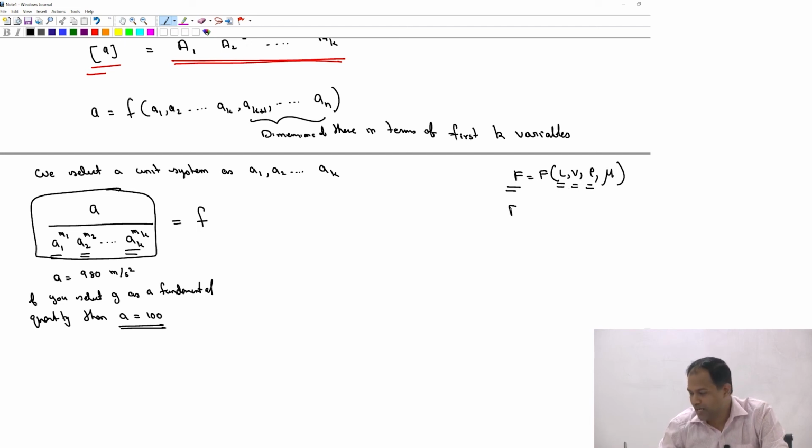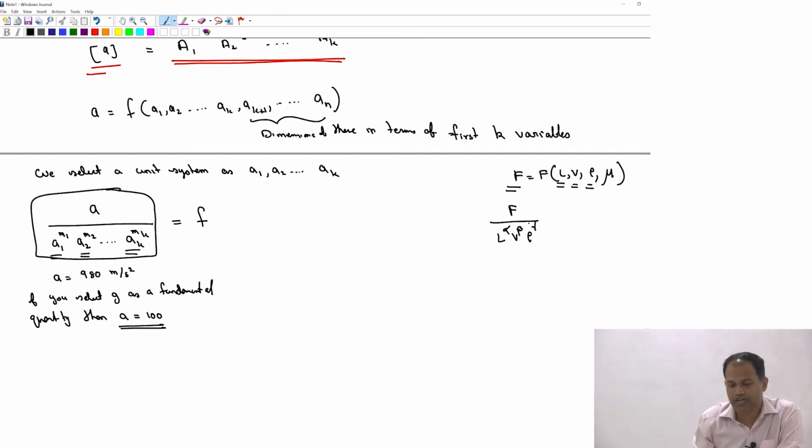If I want to measure F, let's say it's 10 Newton, not as Newton but in terms of things contributed by length, velocity and density, then I would write it as L to the power of alpha, V to the power of beta, rho to the power of gamma. Of course, alpha, beta, gamma are to be chosen in such a way that it has the dimensions of force.